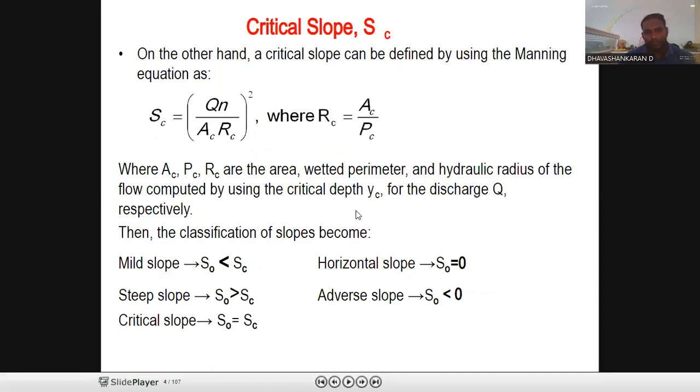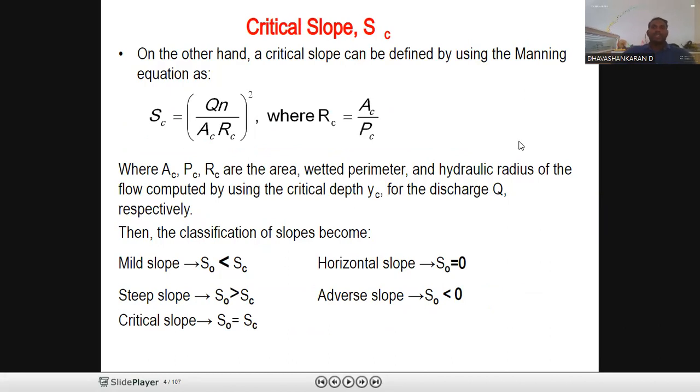The critical slope is denoted by the symbol SC. It is defined using Manning's equation. Generally, Manning's equation is V equal to 1 divided by N, R power 2 by 3, S power 1 by 2.